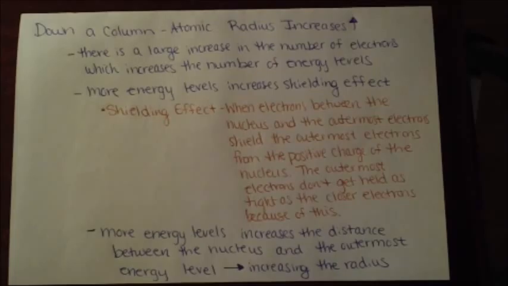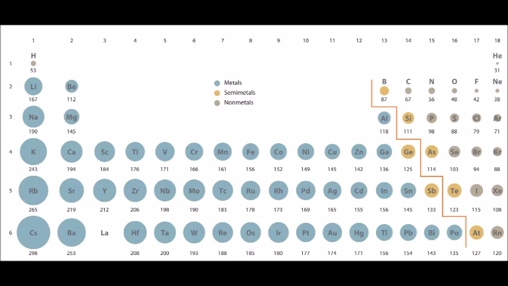The outermost electrons don't get held as tight as the closer electrons because of this. More energy levels also increases the distance between the nucleus and the outermost energy level, increasing the radius. As you can see in the image, atomic radius decreases to the right and increases down a column.